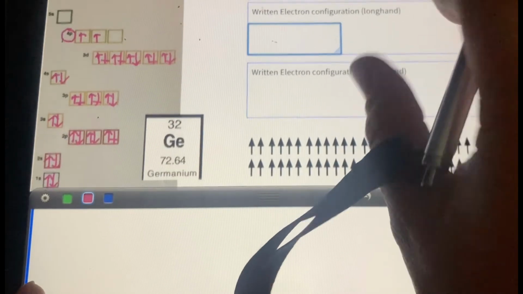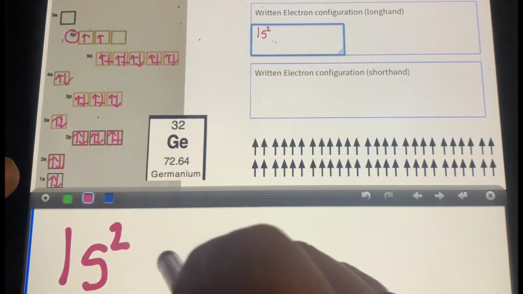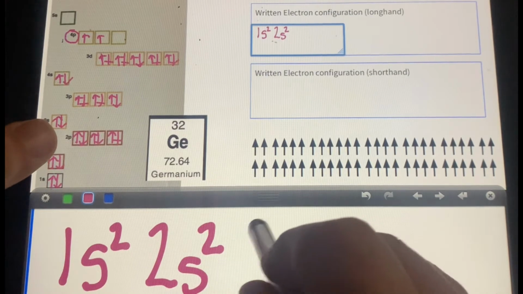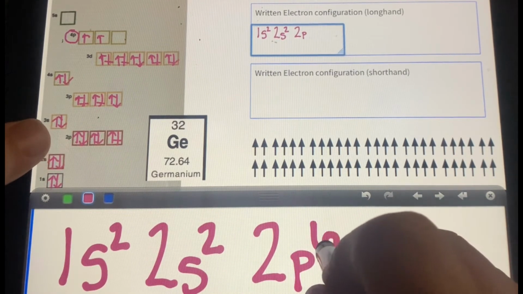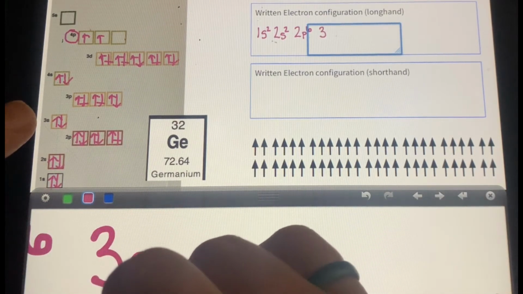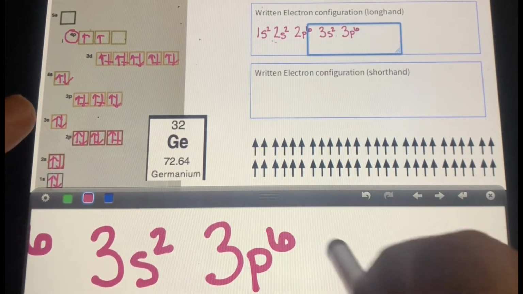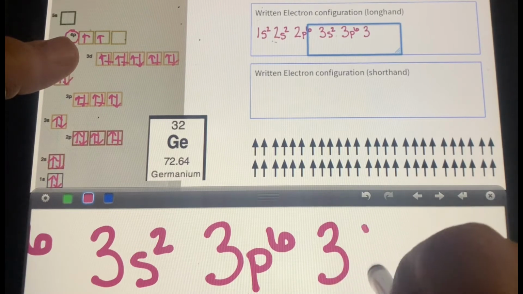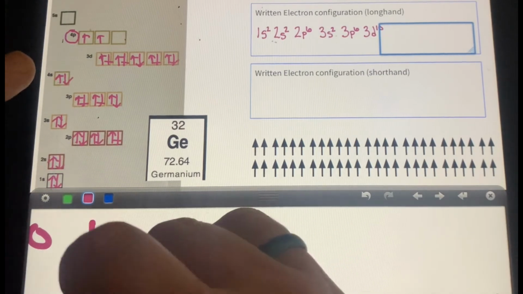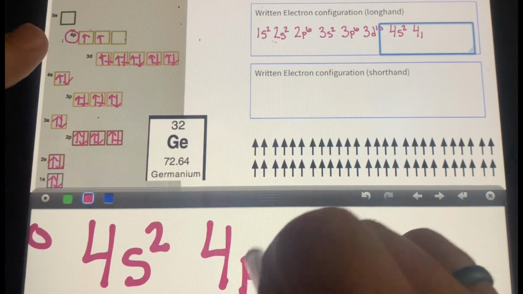So 1S2, then 2S2, 2P6, then 3S2, 3P6, then I've got to write that D, 3D10, then 4S2, 4P2.